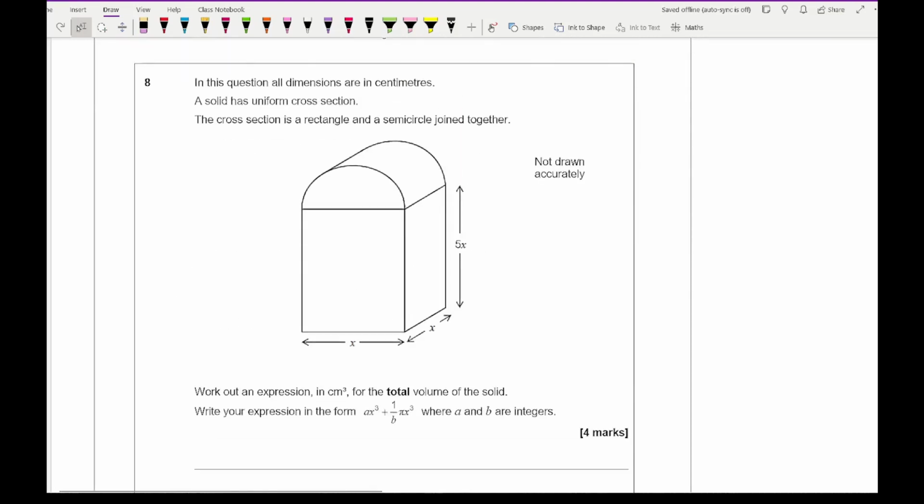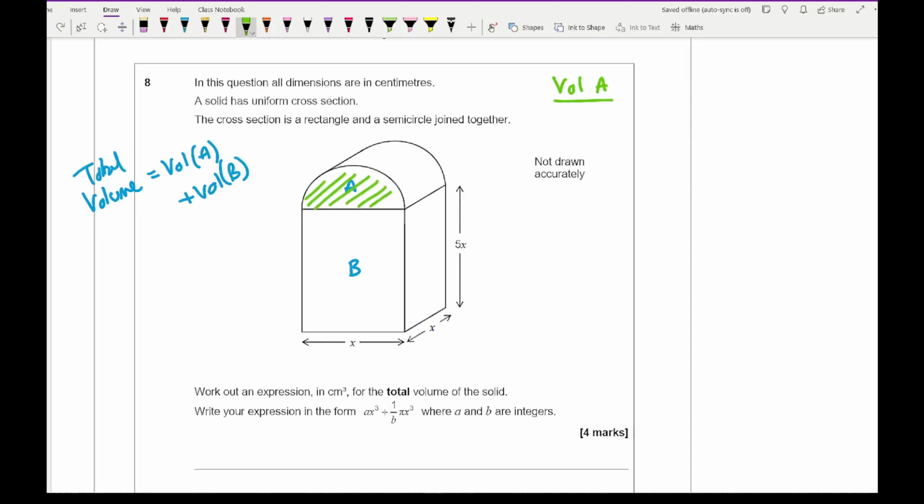So looking at this question, let's first of all work out what the volume of both these two shapes is going to be. So if I call these two shapes A and B, the total volume equals the volume of A plus the volume of B. Now working out the volume of A first, the cross-sectional area is a semicircle. So the volume formula is going to be pi r squared, which is a full circle, divided by 2, times the length.